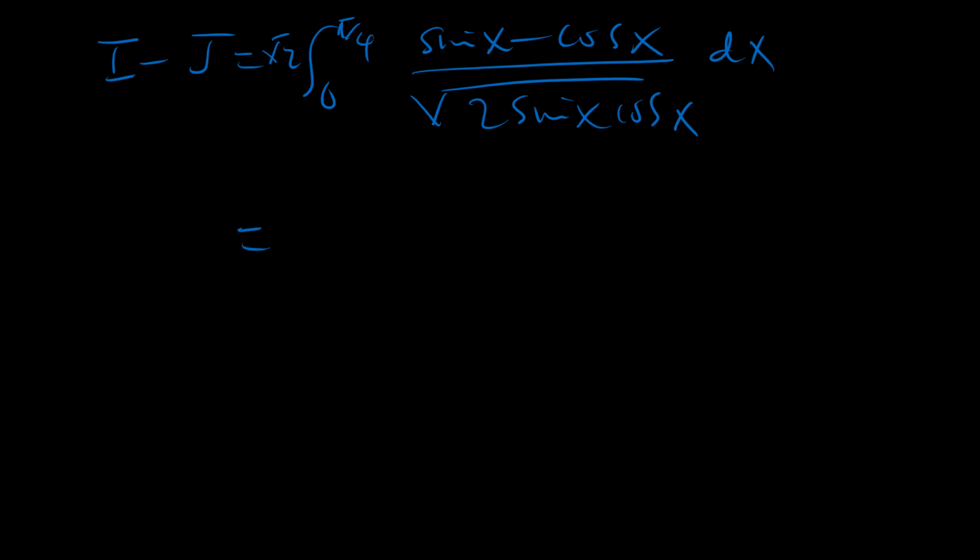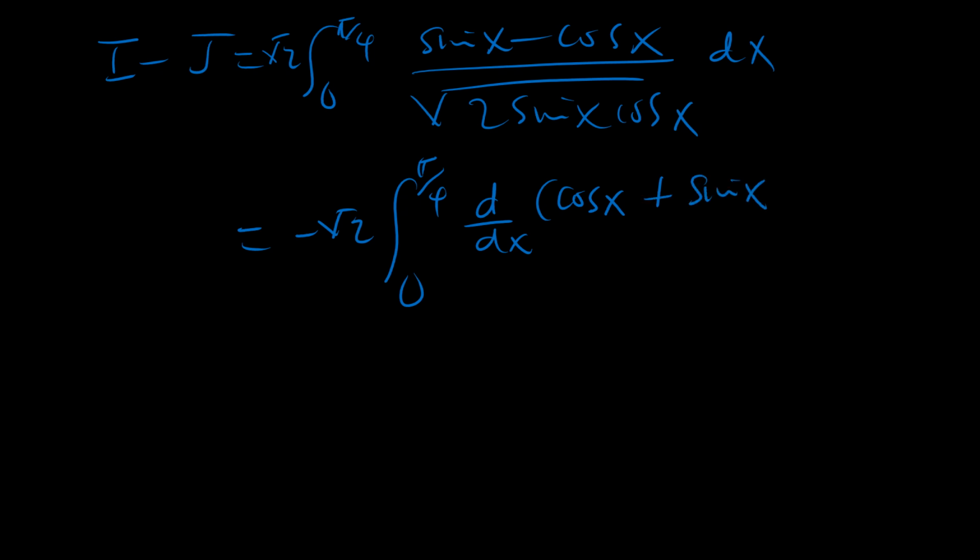And this is the same as the integral from 0 to pi over 4, where the derivative of cosine x plus sine x is, right, cosine x, the negative, okay, that is correct.